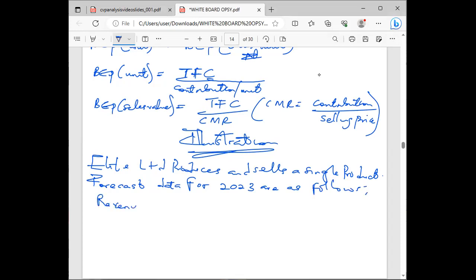We have the revenue in units, 8,000. We have sales price per unit to be 30 naira.